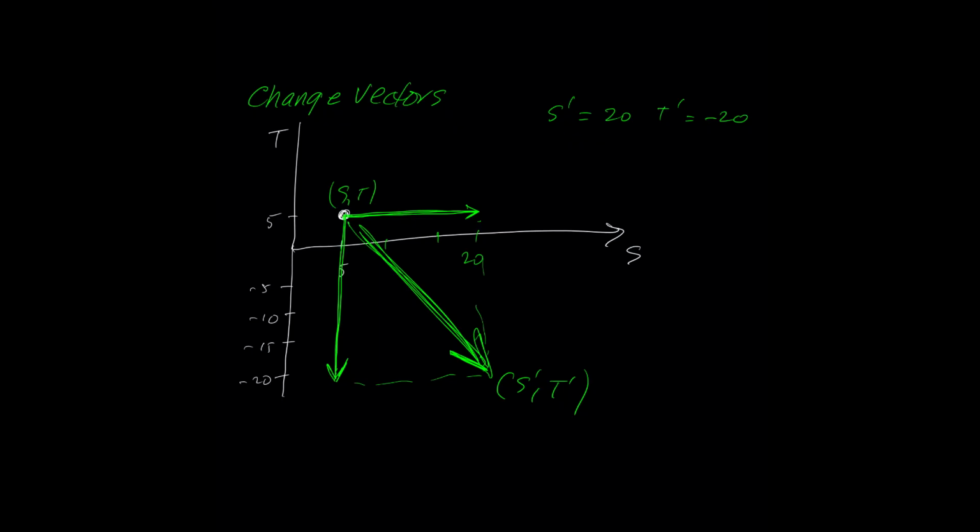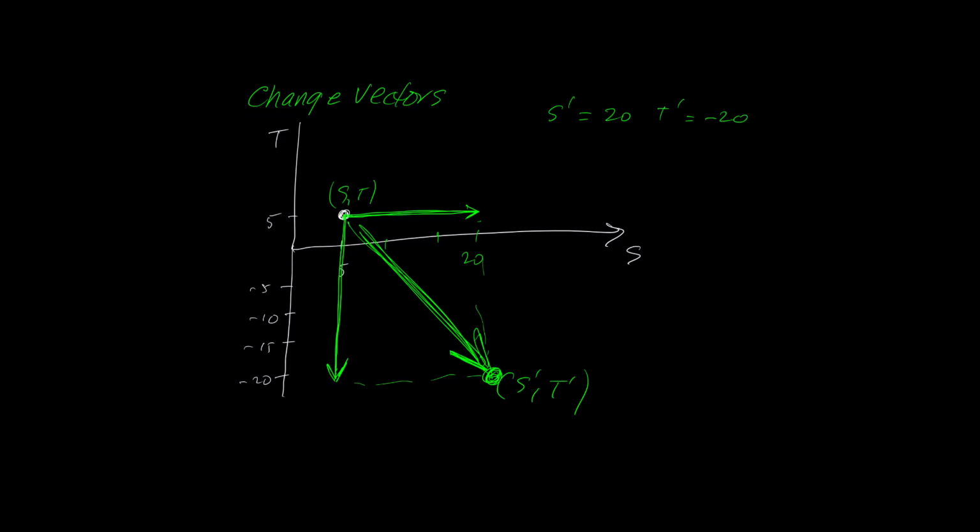Now, that said, you might ask the following question. This is a big change vector pointing here, and it's pointing us into negative t space, which we said is la-la land. It does not exist. So how is that possible? Is that a problem?